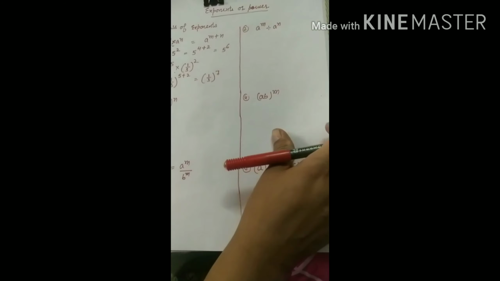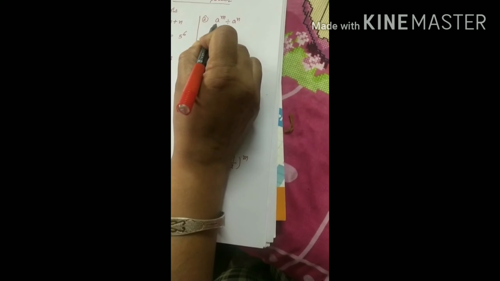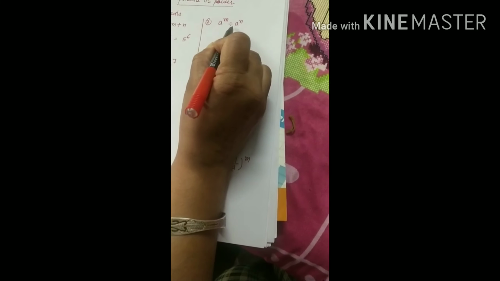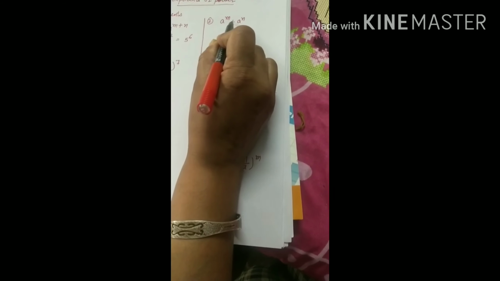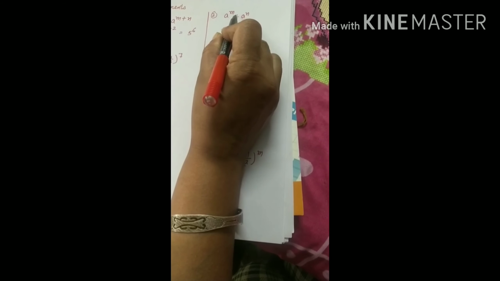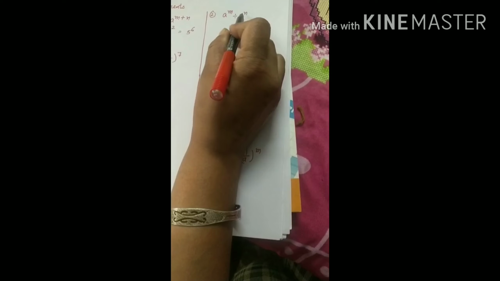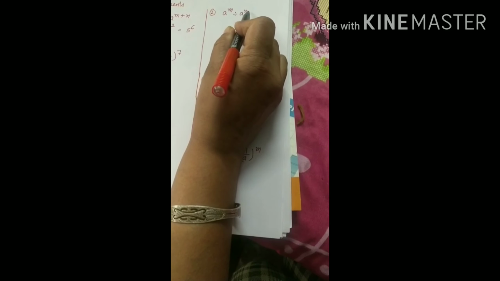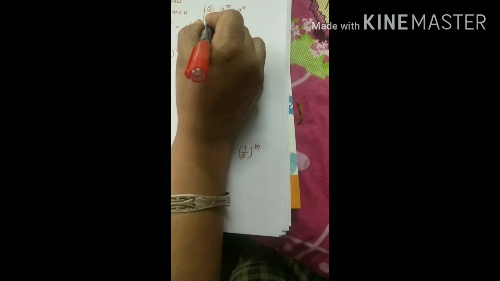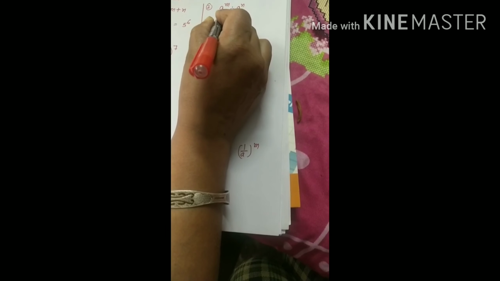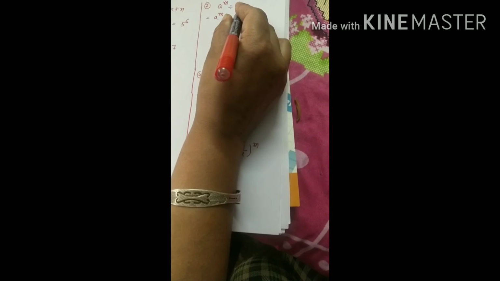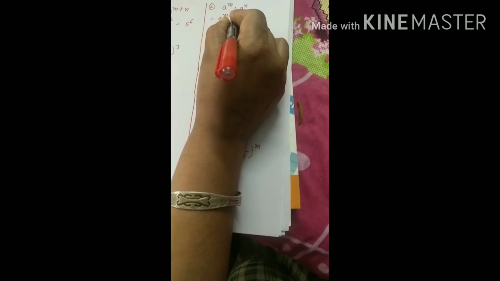The next law: if the bases are the same and there is a division sign between them, then we will subtract the powers. That means the sign of the second power will be changed. So it will be a power m. Now its sign is plus, but now it will convert into minus.